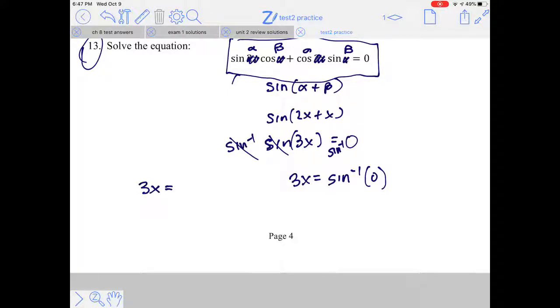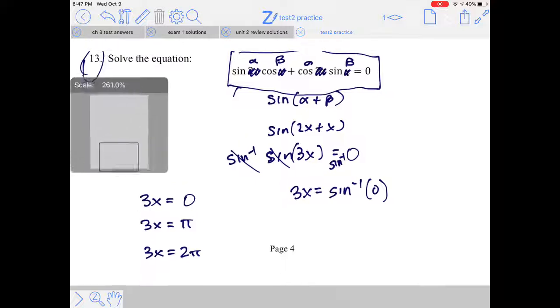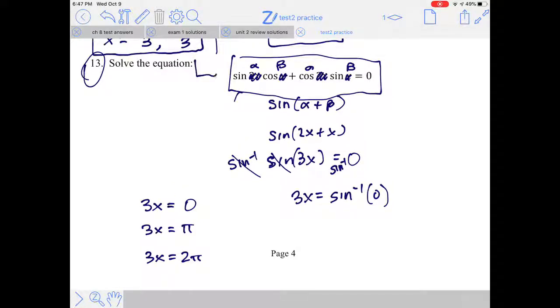Tell me one of them. 3x equals 0, 3x equals pi, and 3x equals 2 pi. Now, notice at the beginning of the problem, did it say between something and something? It did not. So this is one of these infinitely many solutions scenarios, an infinite number of times around the unit circle.